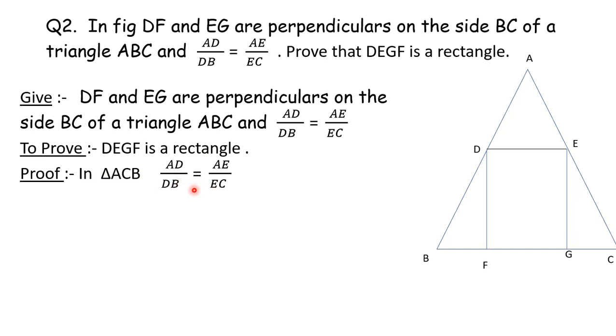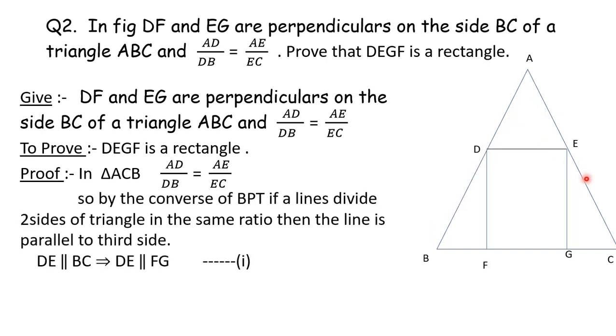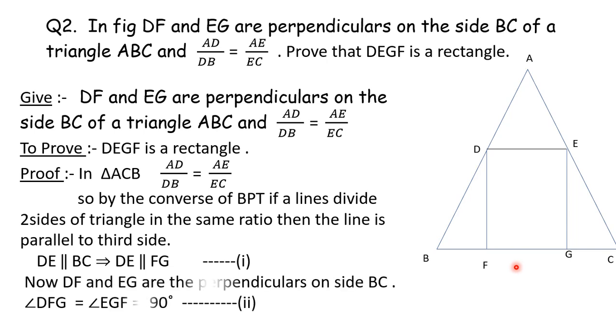For proving this, the ratio of the sides AD upon DB is equal to AE upon EC is given the same, so we can apply the converse of BPT. So we get line DE is parallel to the line BC, or we can say this line DE is parallel to the line segment FG. This is equation number 1.